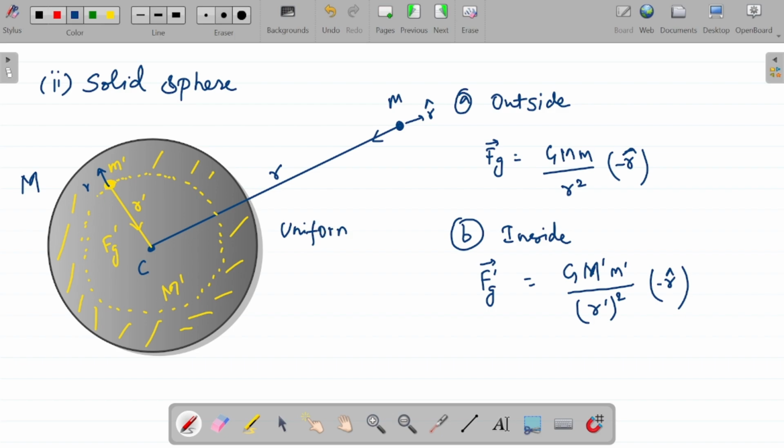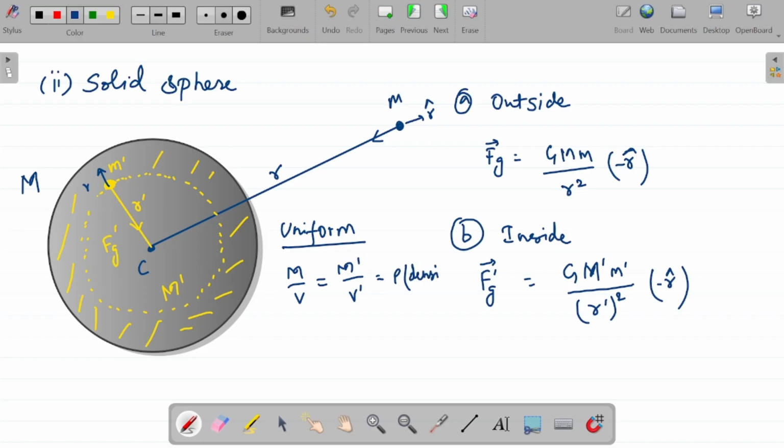So in case of a uniform sphere, the mass per unit volume will be the same. So M per unit V will be the M prime per unit V prime. Means mass of the sphere divided by volume of the sphere will be the mass of this inner sphere divided by volume of this inner sphere. And this is going to be the mass density of this sphere especially.